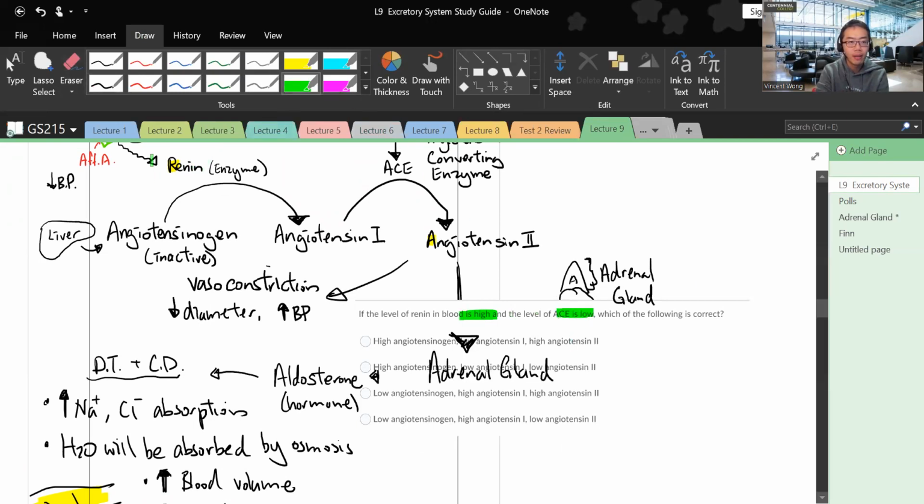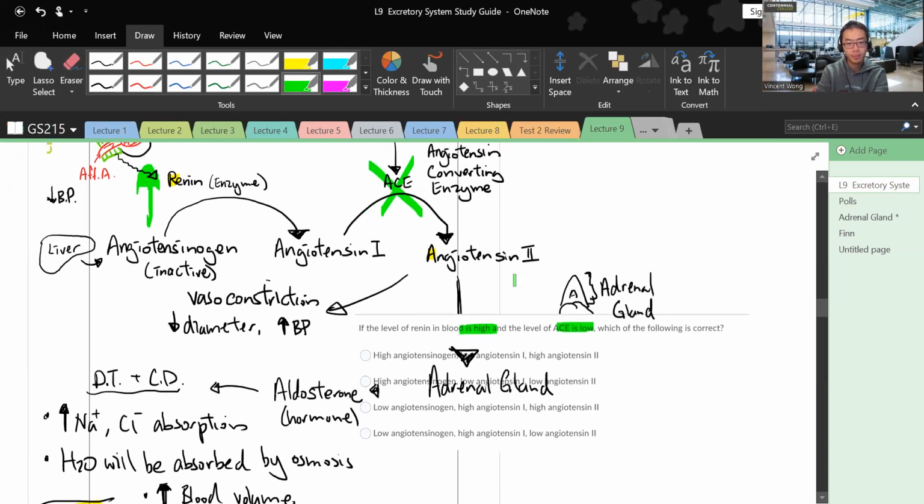So we have a lot of renin, but we have low ACE. So I'm just gonna cross it out. Low ACE, cross it out. So let's see what happens.